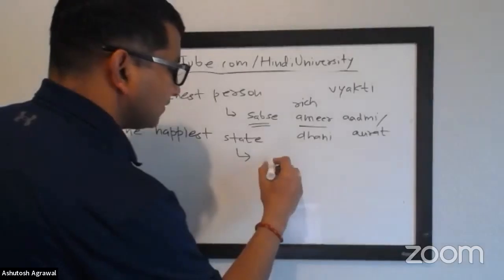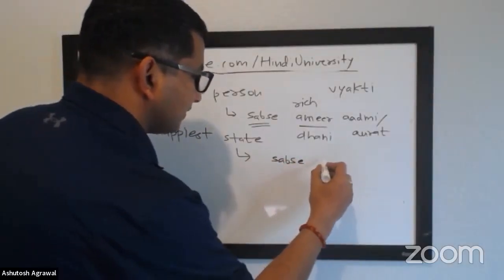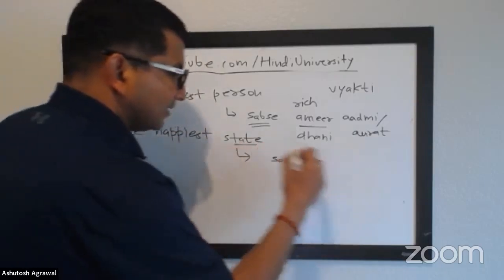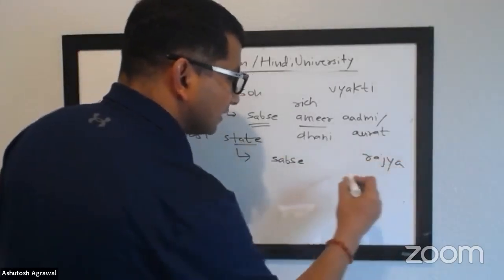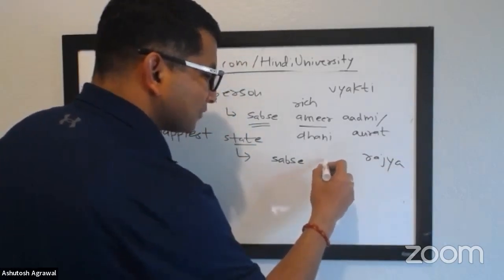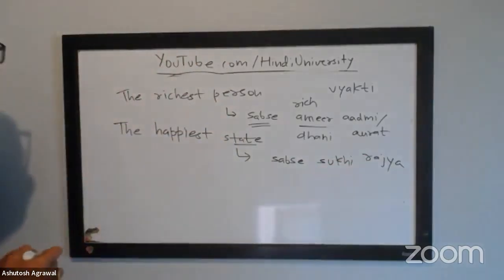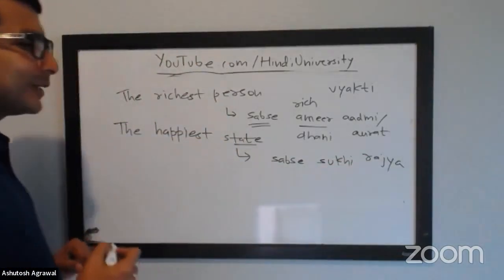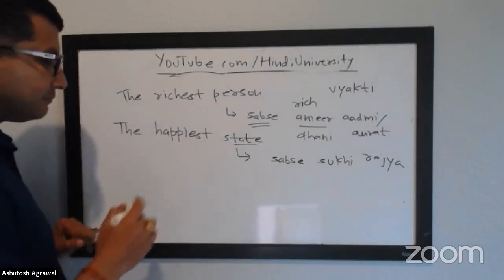Sabse sukhi. Something like Rajya or state. So Rajya is the state. Sabse sukhi Rajya. Okay, yeah.